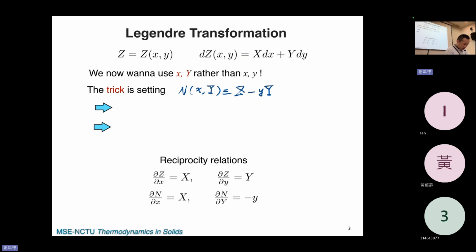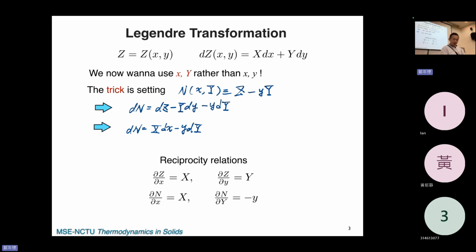So dn equals dz minus y dY minus Y dy, and what is left is capital X dx minus y dY. So that's another recipe.